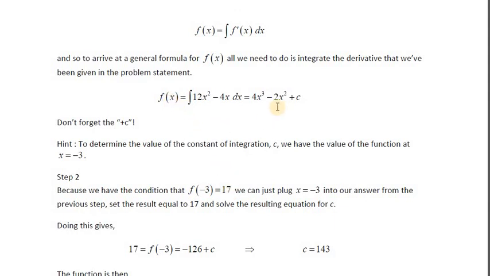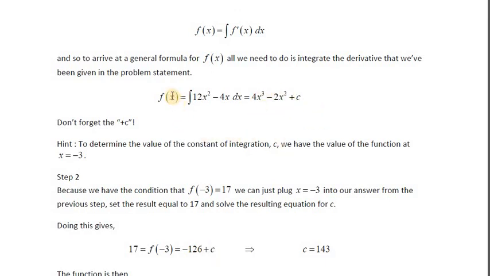If f(x) is this one and f of minus 3 is 17, then when x is replaced by minus 3, we definitely get 17. So using this condition, we can apply directly here. Minus 3 we can put here directly, and this will give us the value minus 126 plus c, when we put minus 3 here.